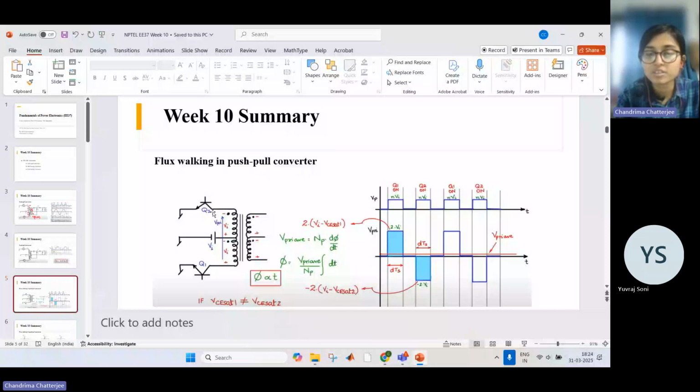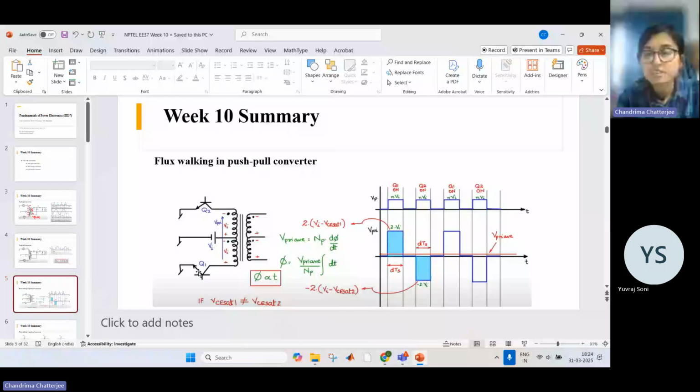What may happen is there will be some flux accumulation. Ideally, the average value of flux should be 0, but this does not happen. Why? Because the volt-second balance is not maintained.